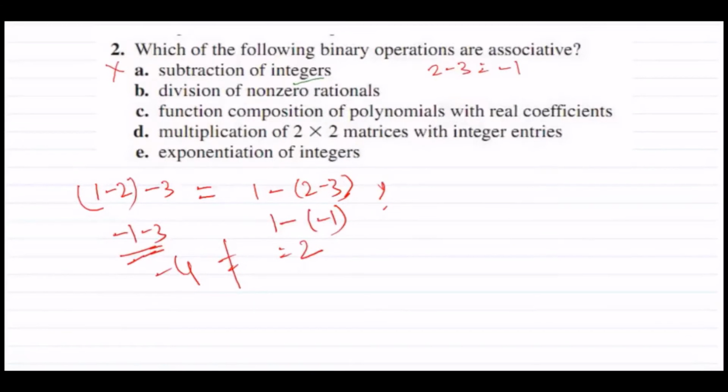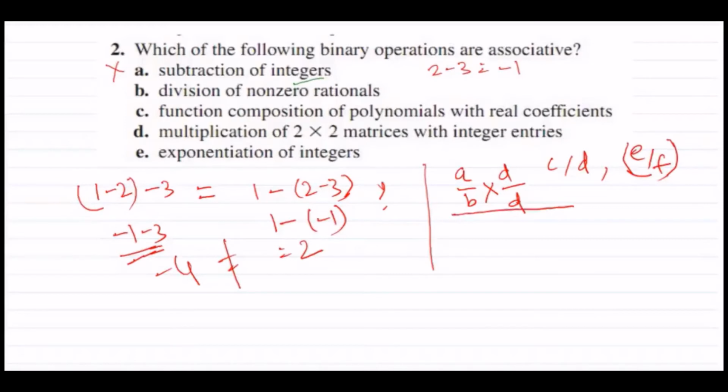Division of non-zero rationals. When we divide non-zero rationals, suppose one rational A by B is divided by another rational C by D, so it becomes A by B times D by C, and then we divide by E by F. So we are taking here 3 rationals, A by B, C by D, and E by F. Let us start.